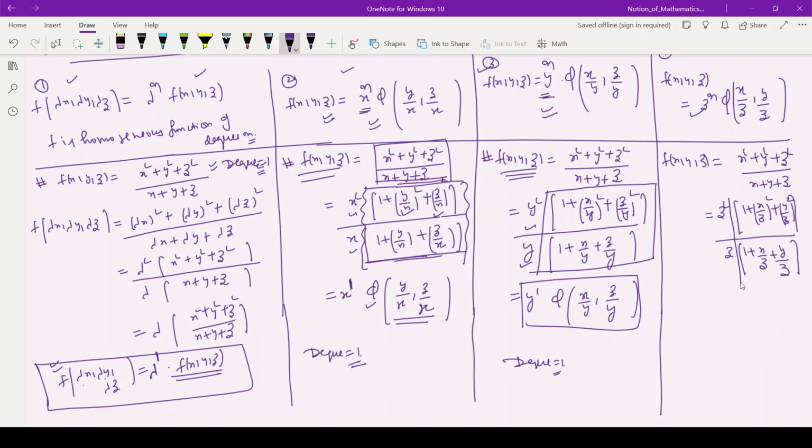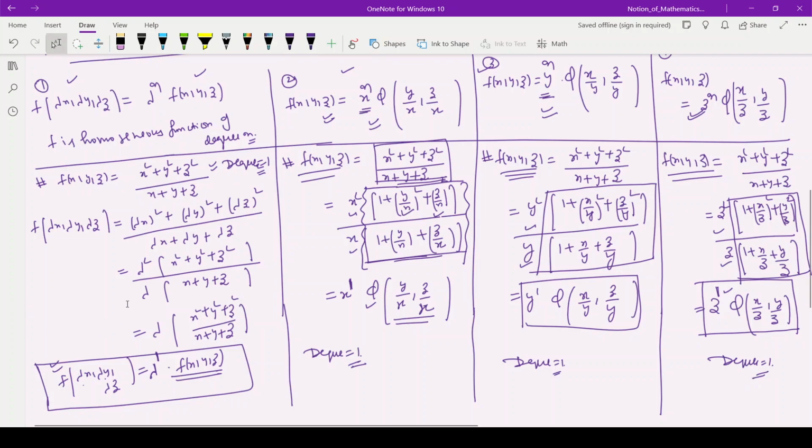This is a function of x upon z and y upon z. So that is z square upon z, that is z into a function of x upon z and y upon z, and it is actually z to the power 1. It is again a homogeneous function with degree 1 via this property.